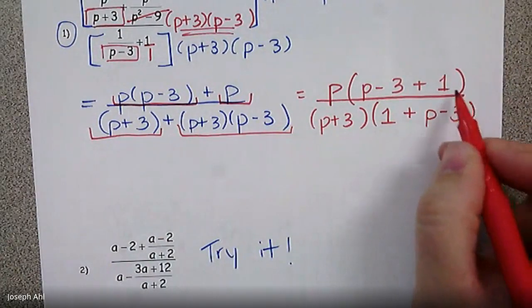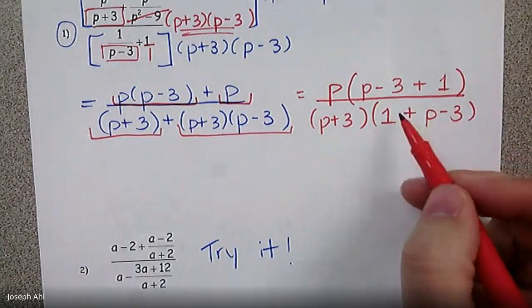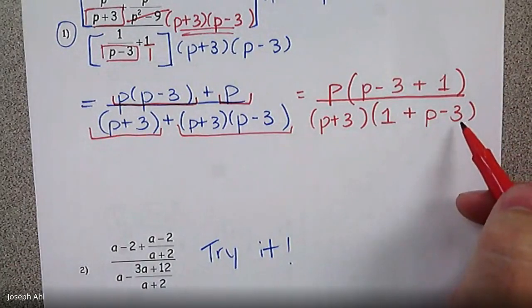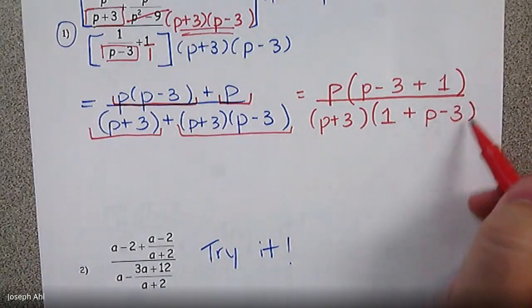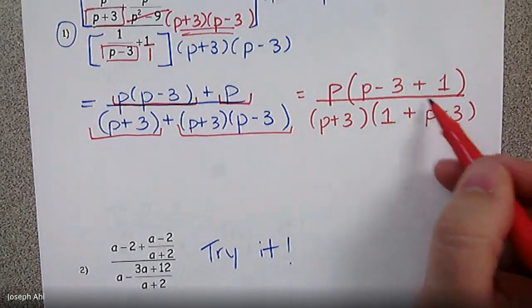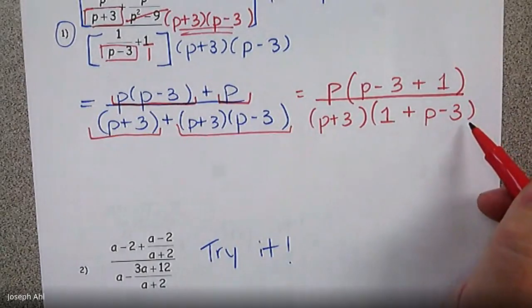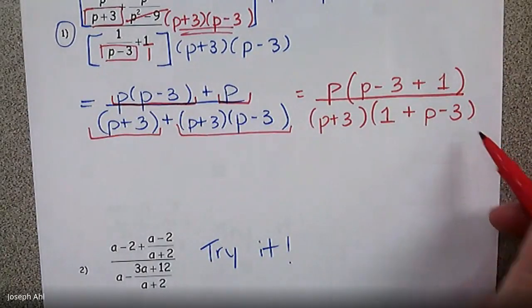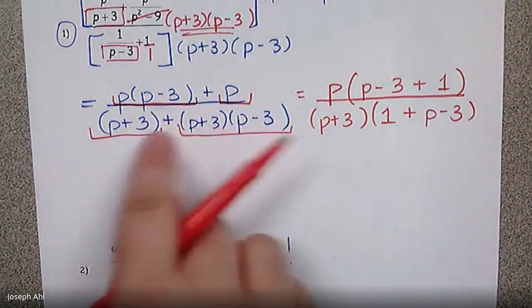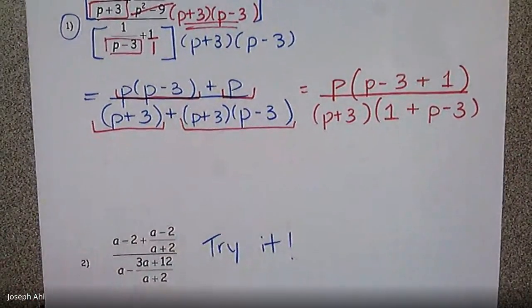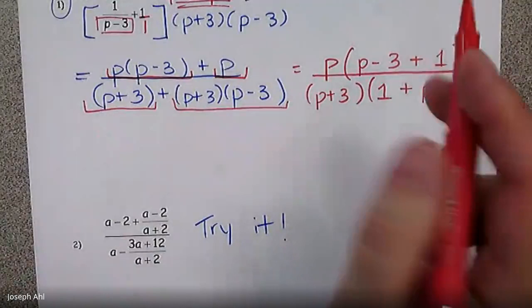I don't really need parentheses around that p minus 3 because it's 1 plus that quantity. If it was 1 minus the p minus 3, that parentheses would have been important because I would have needed to distribute it in. It's a little different look than what we're used to seeing when we take out GCFs, but I think this will help as a strategy for examples later on.